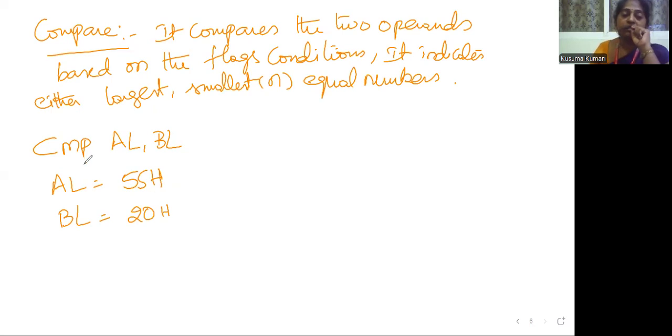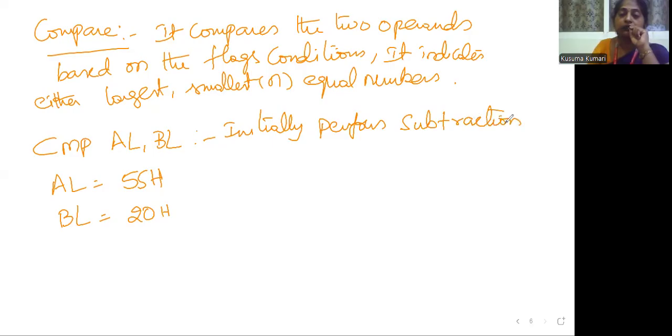But the compare instruction initially performs a subtraction operation. Here no carry is generated, because 55 minus 20 gives a positive result, not a negative number.